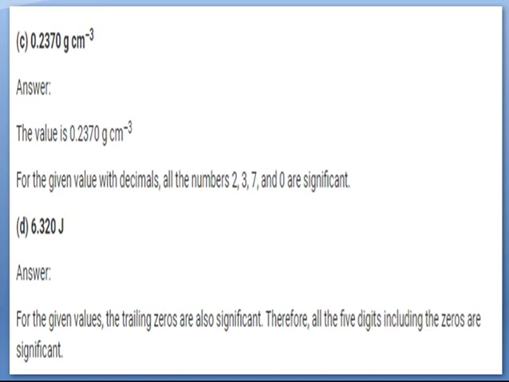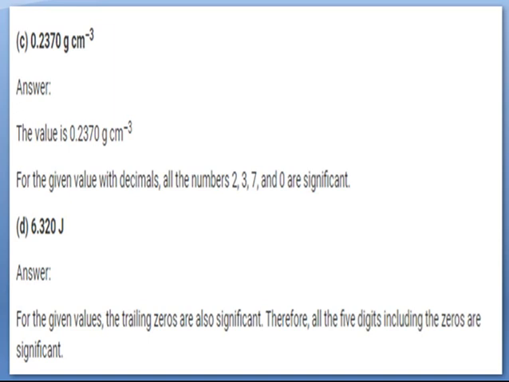Similarly, in 0.2370 gram per centimeter cube, it is a decimal number, so all the digits 2, 3, 7 and 0 are significant. Therefore, the total number of significant figures in 0.2370 is 4.